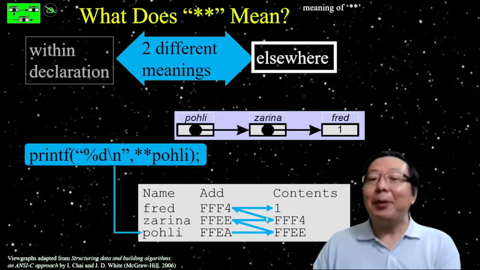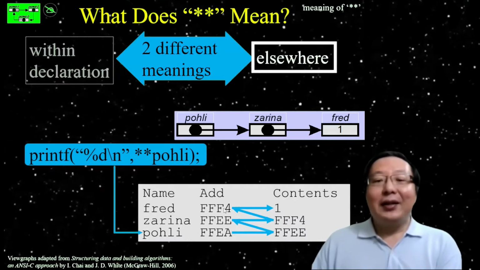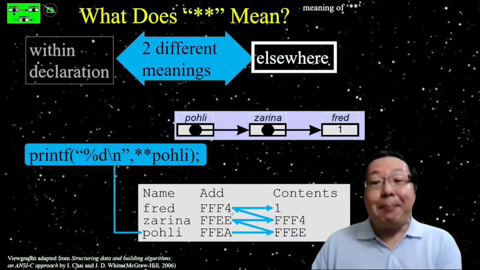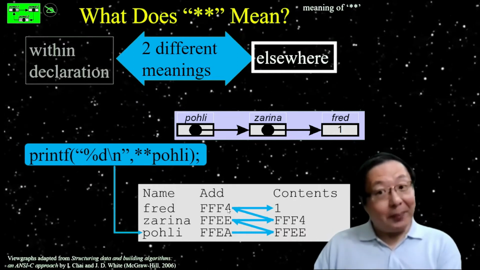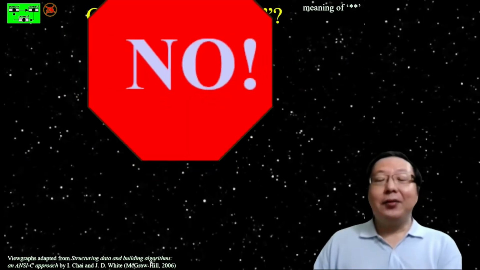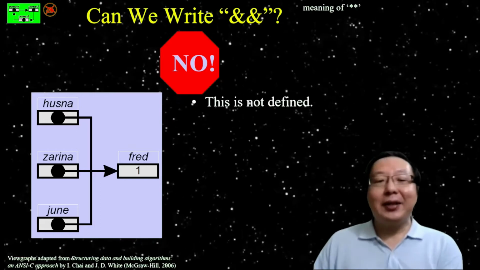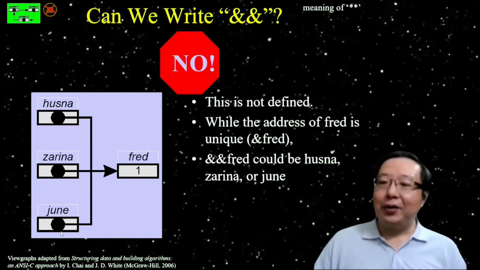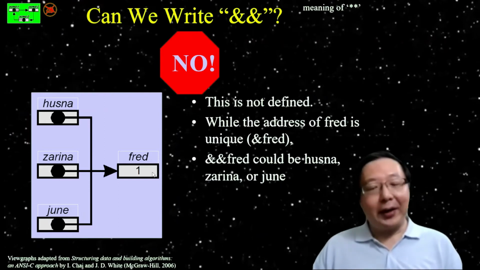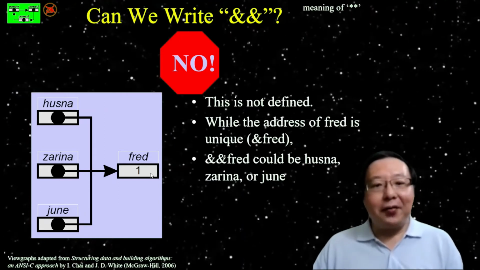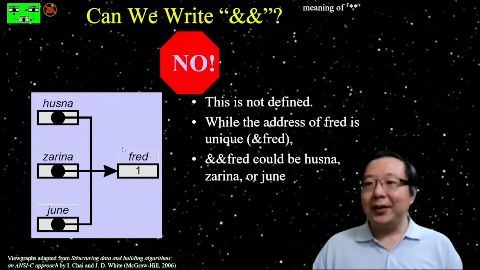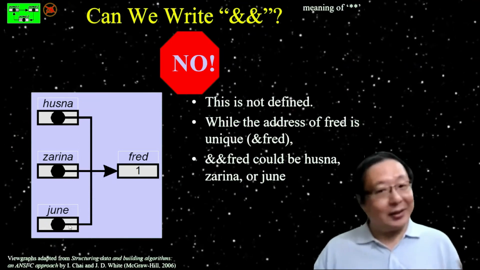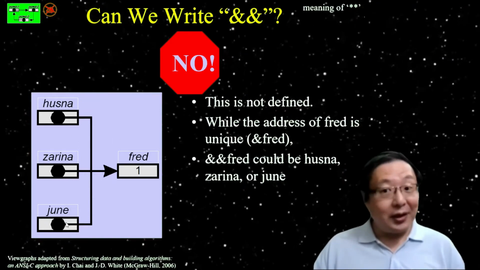I mean, it can be put as the contents of something, but you can't get the address of it. It's just a number, a special type of number, which is an address. For example, you could put FFF4 in Husna, Zarina, and June, all pointing to Fred. So what's the address of Fred? It makes no sense. Is it Husna, Zarina, or June? There's no unique answer.